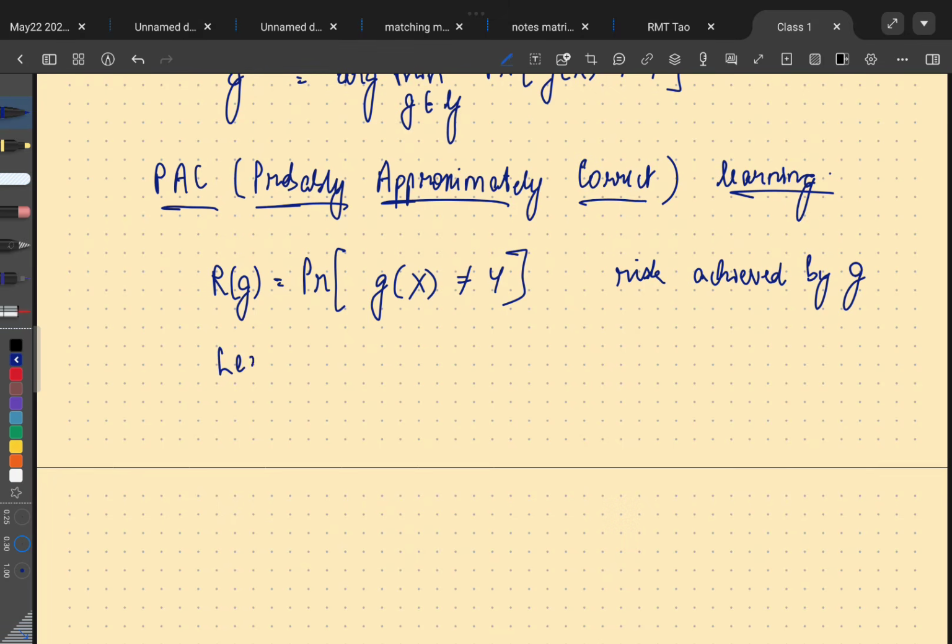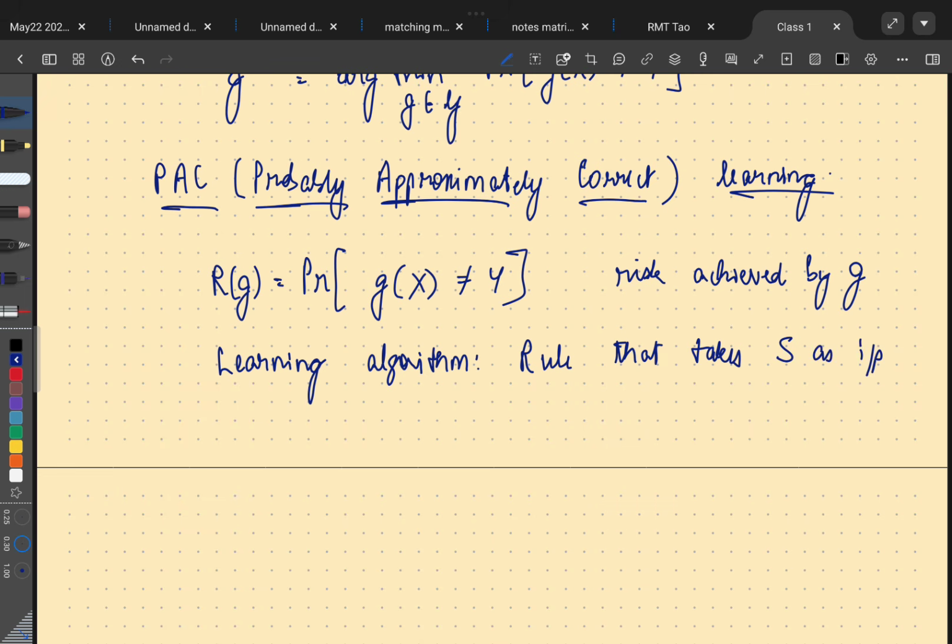a learning algorithm is some rule that takes the data set as input.